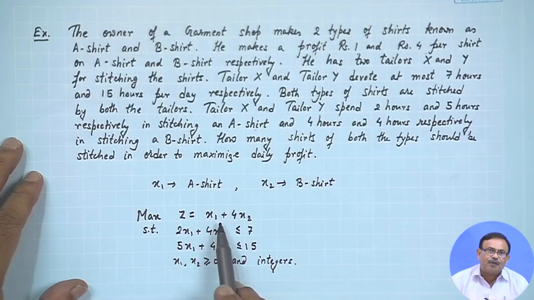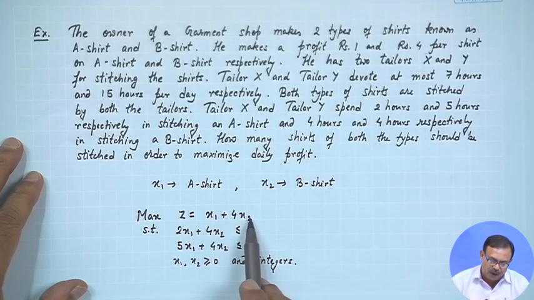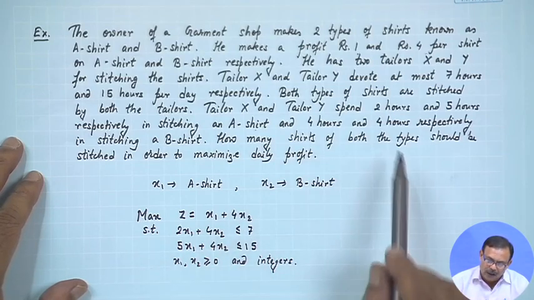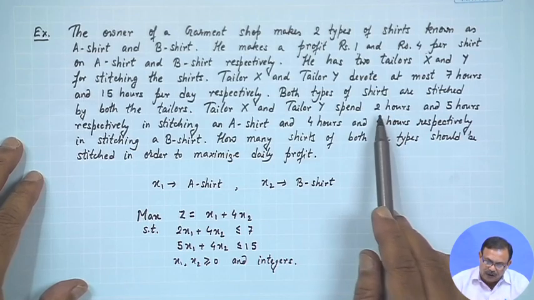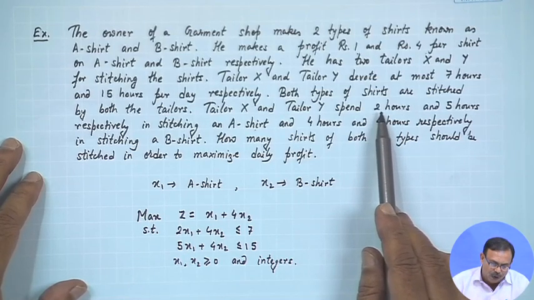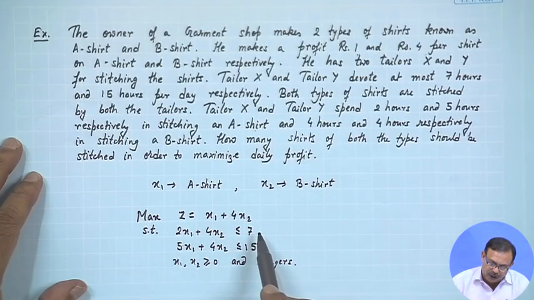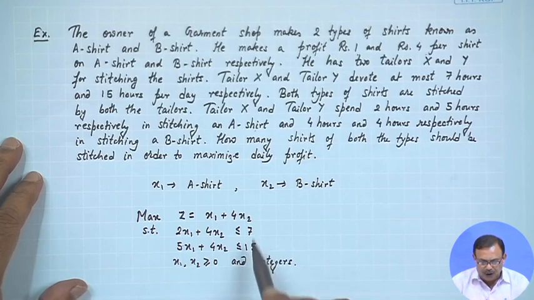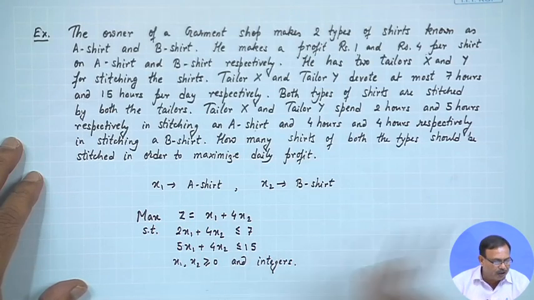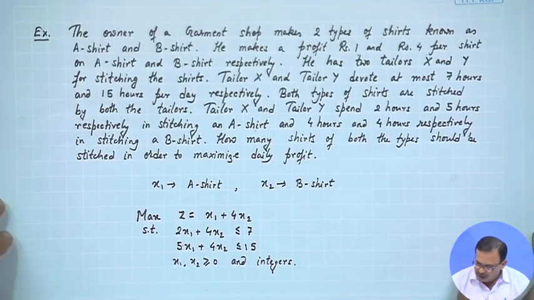So, the objective function will be z equals x1 plus 4 x2, and the constraints are 2 x1 plus 4 x2 less than or equal to 7 and 5 x1 plus 4 x2 less than or equal to 15. These are the constraints, x1, x2 greater than or equal to 0.